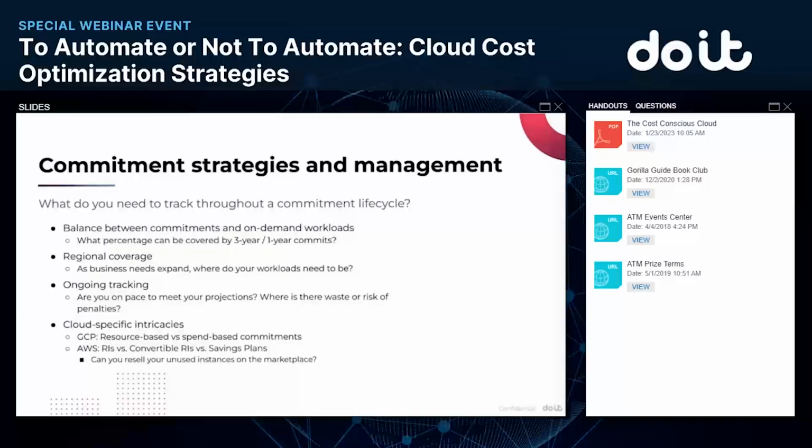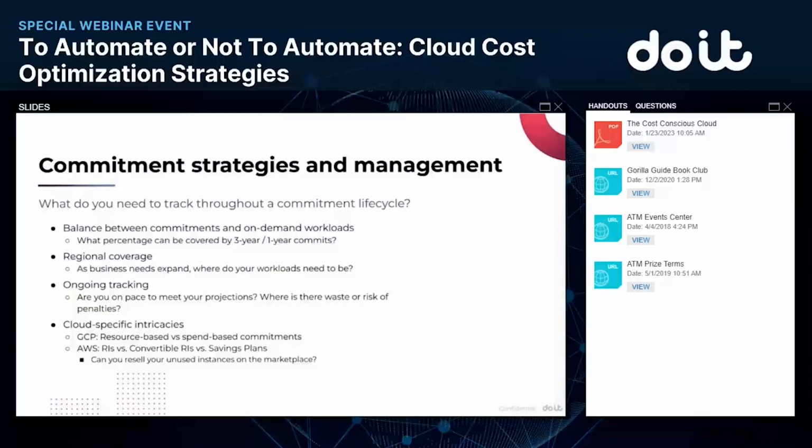The more specific you are, the higher the savings. The more flexible you get, the easier it is to manage, and you don't have to worry about maybe moving regions or moving machine types, but then you save less. And of course, it doesn't cover it if you decide to remove compute.